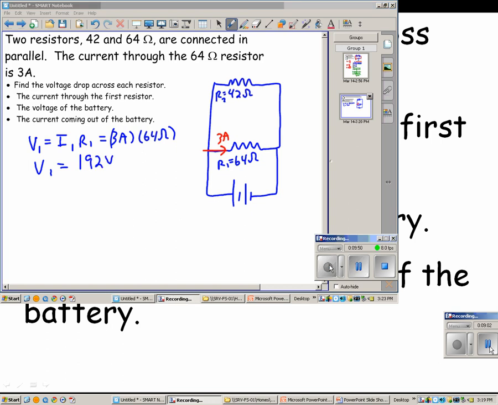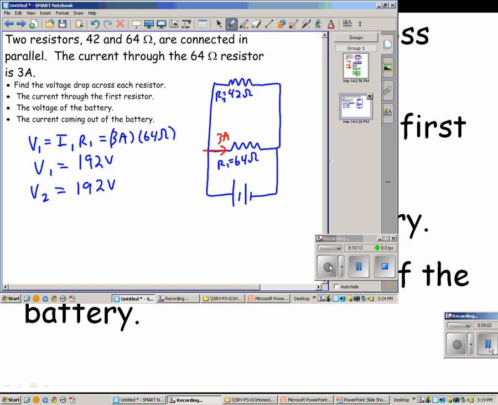Now, since we're dealing with a parallel circuit, we know that the voltage drop across the other resistor is 192 volts also. We know that the voltage drop is the same across each resistor. So we know V1 is 192 volts and V2 is 192 volts. The current through the first resistor, actually I guess I'm calling that the second resistor.